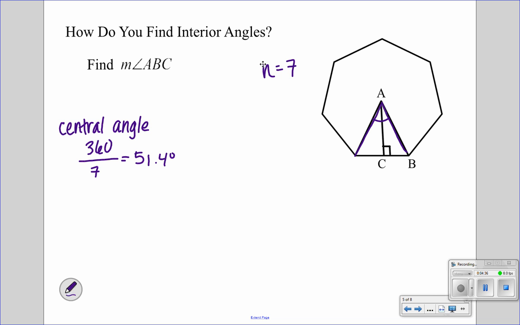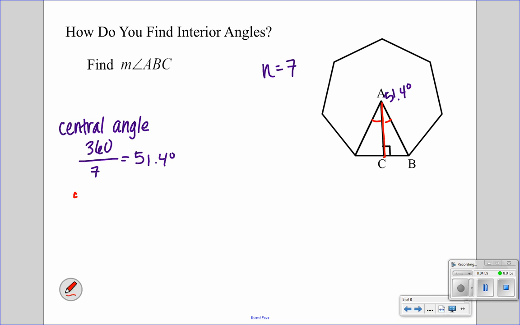So we know that that central angle is 51.4 degrees. Now we also know that we have an apothem right here, and it makes a 90-degree angle, but it also cuts that central angle into 2 equal angles. It cuts it into half. It's an angle bisector.